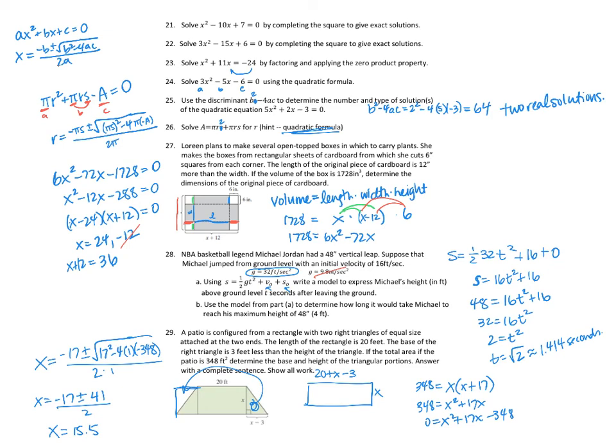Determine the base and height of the triangular portion. So this is the height of the triangular portion. And the base of that triangular portion is that minus 3.